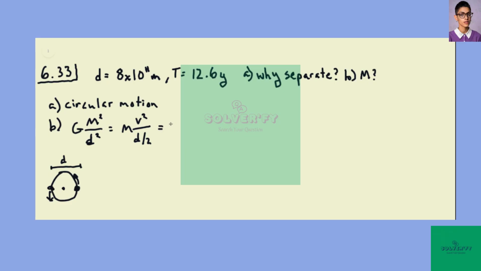So rearranging a little bit, the 2 from down here goes up here, 2m times 1 over d, and then we have pi d divided by T, the period, squared. So then this is 2 pi squared m d over T squared.